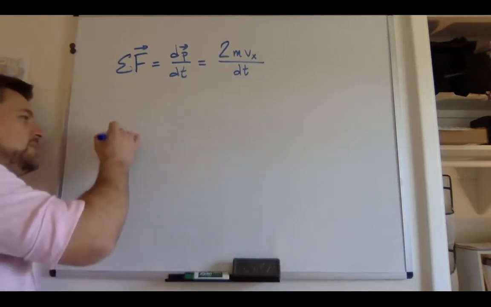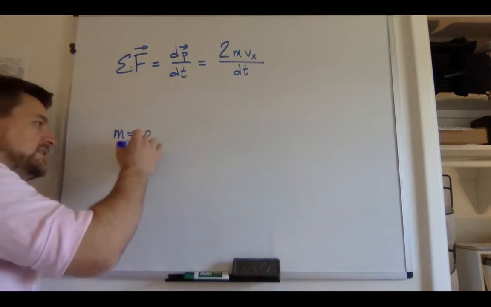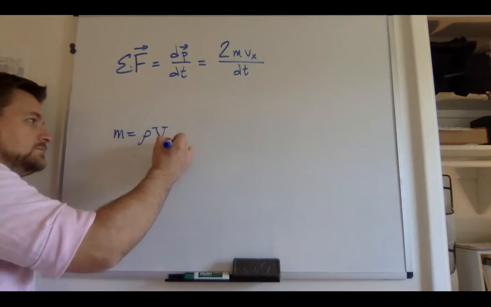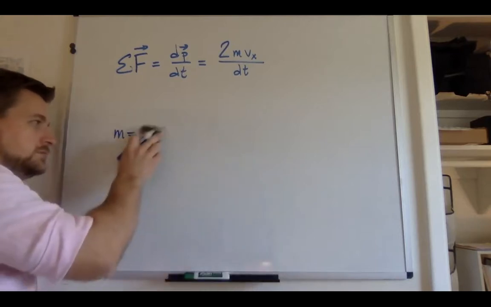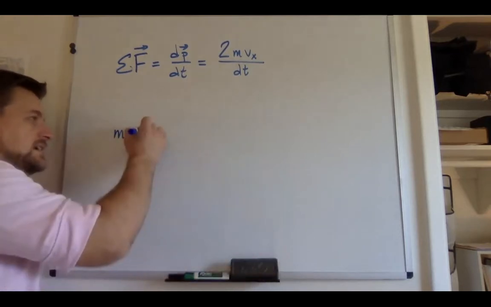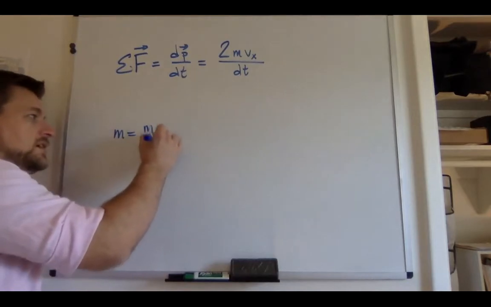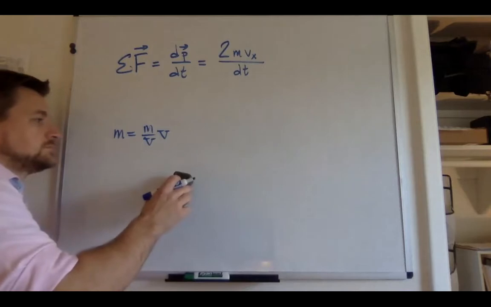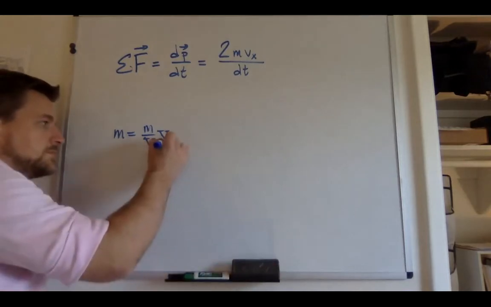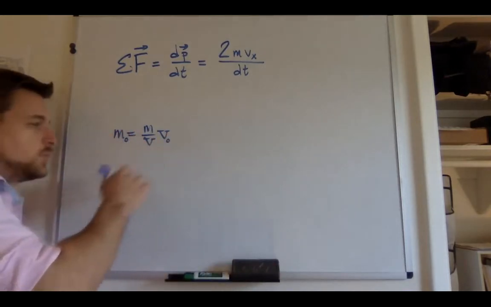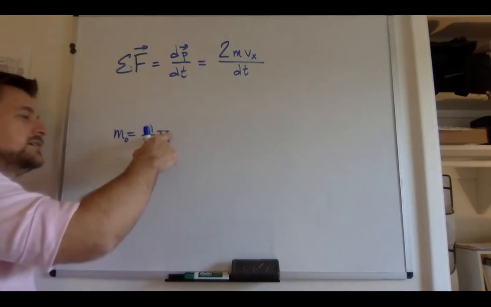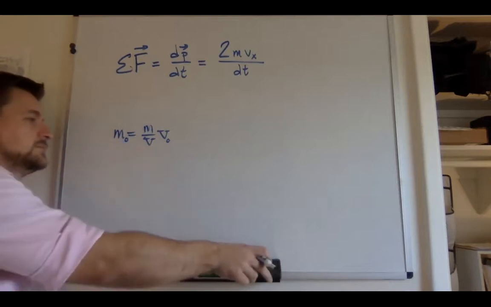So finding the mass is like taking the density and multiplying by the volume. Whatever volume we're talking about, it's what fraction of the original volume?